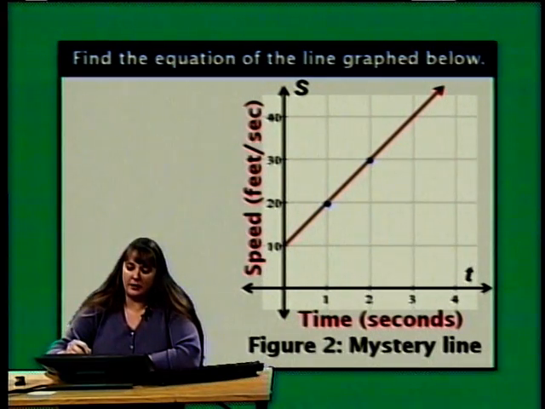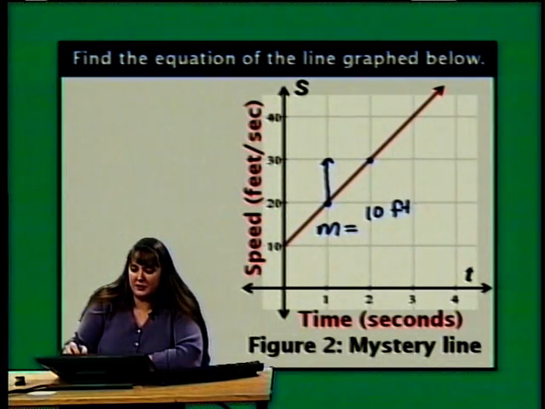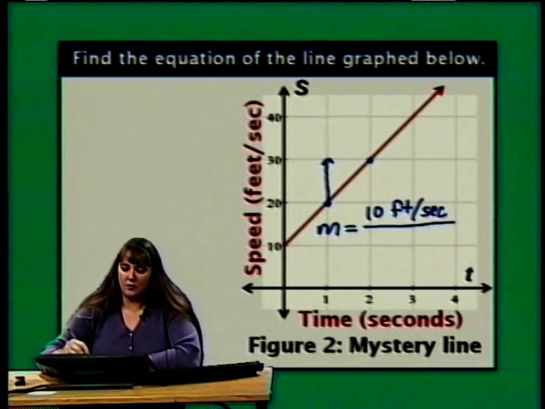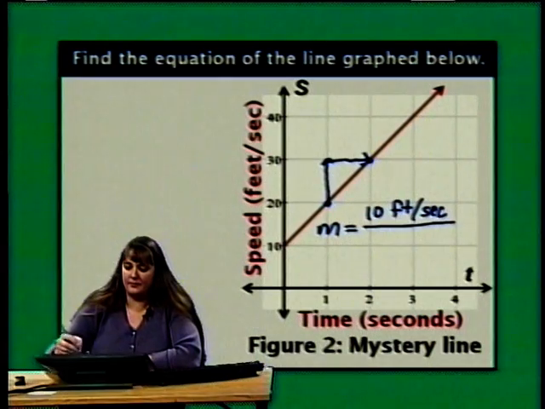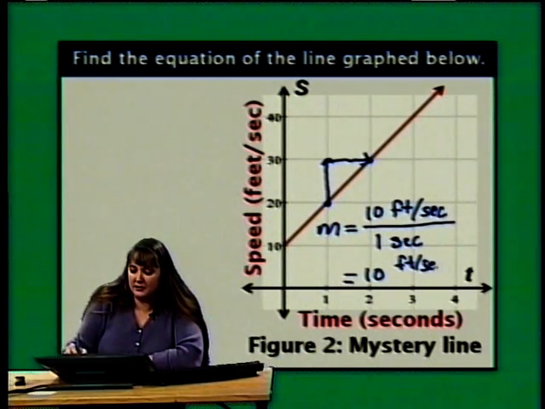Thinking about the slope here, it looks like I have a rise from 20 to 30. That would be 10 with units of feet per second, and a run from 1 to 2, that's just 1, with units of seconds. So my slope is 10 with units of feet per second per second.